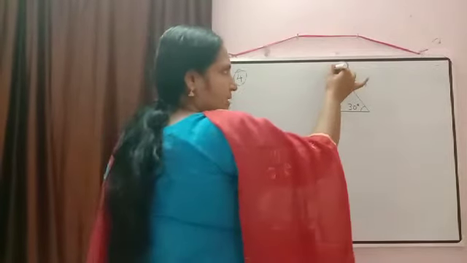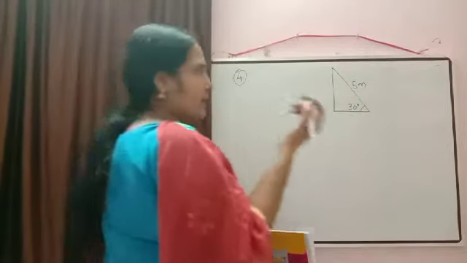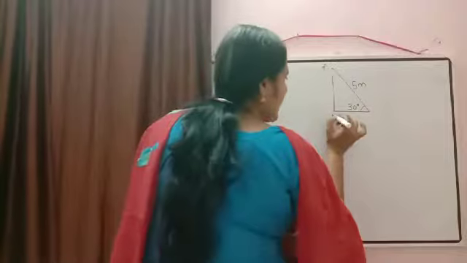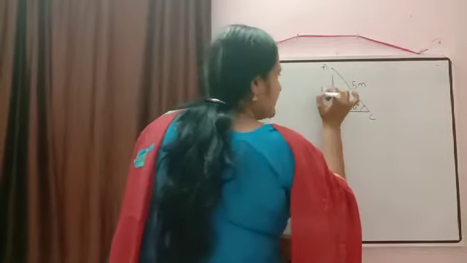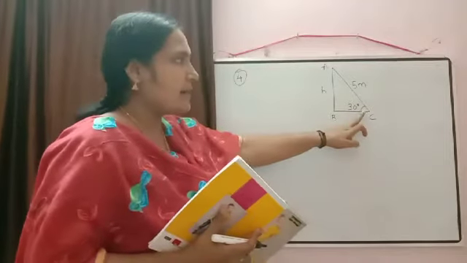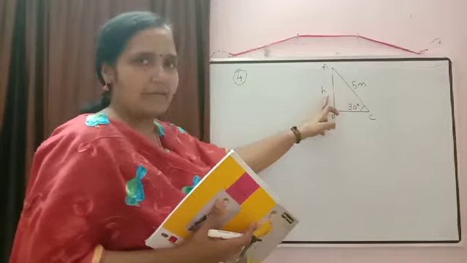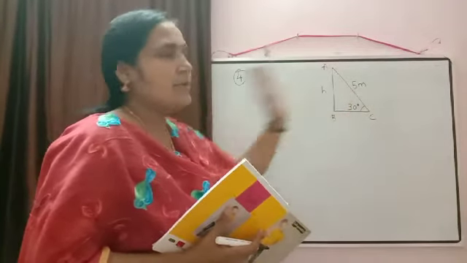We have to find the height of the wall. This height we have to calculate. So we can mark the points as A, B and C. This height we have to calculate. So just to check there, this is the angle given. Side opposite to that angle we have to calculate, and hypotenuse is given.